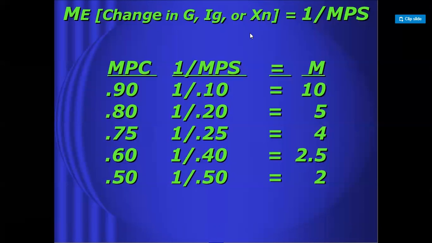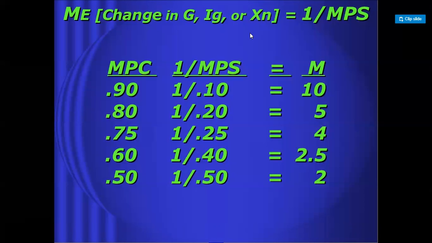How does it come? 1 minus 0.90 gives 0.10. 1 minus 0.80 gives 0.20. When we subtract the MPC, meaning 1 minus MPC, 1 minus 0.75 gives 0.25.